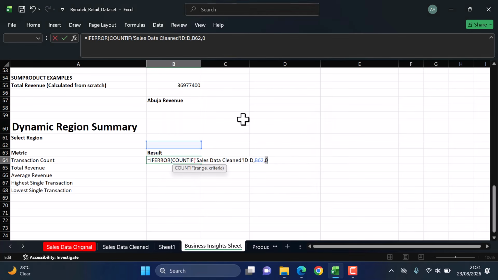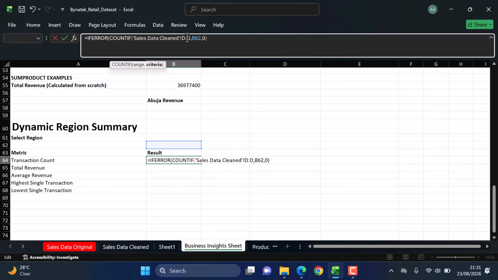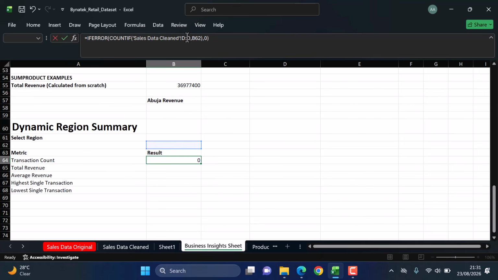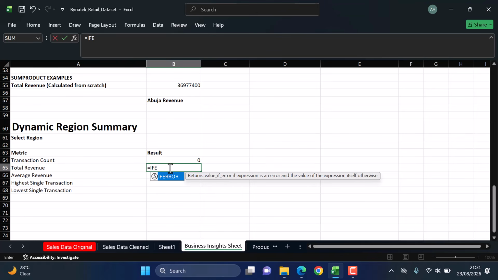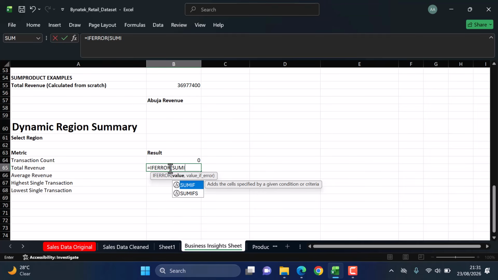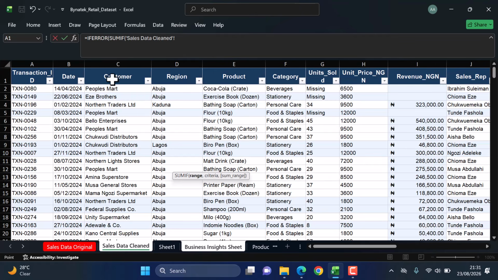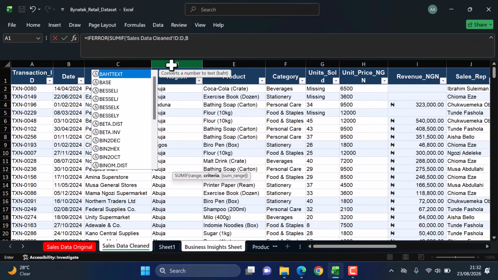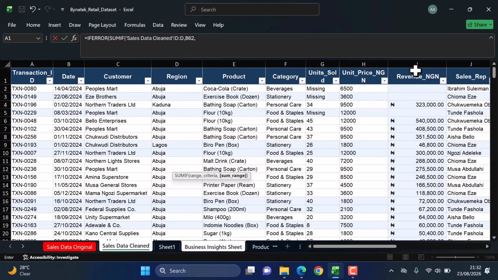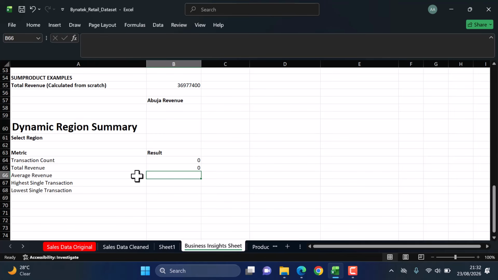B62, if I'm not mistaken. Then I'm looking at... and then it works.